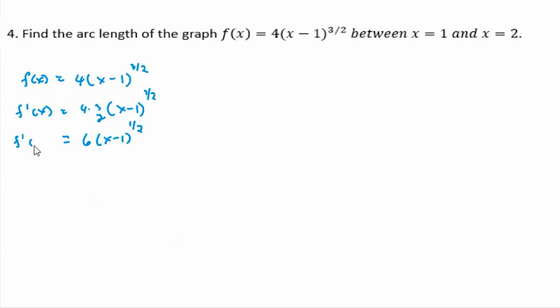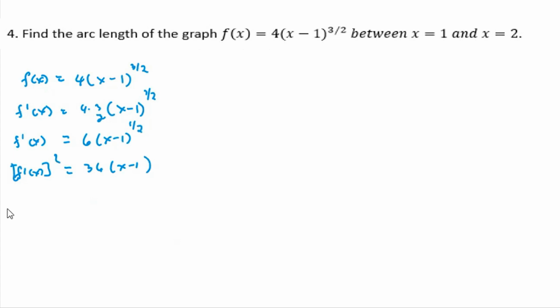So this is now the first derivative, and we're going to take the power of 2 for the value of the derivative. So I can write now f prime of x, and this will be squared. Therefore, squaring this, this becomes now 36 times x minus 1.